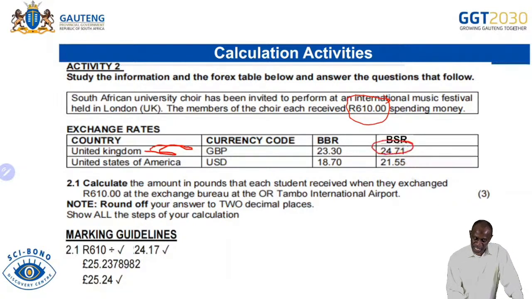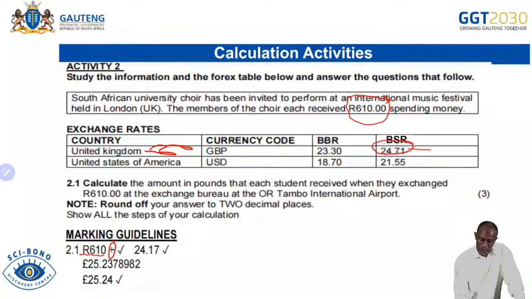We take the 610 that each member was allocated as spending money, and use the divide symbol, and the bank selling rate, because the bank here sells the pounds to the members of the South African choir.